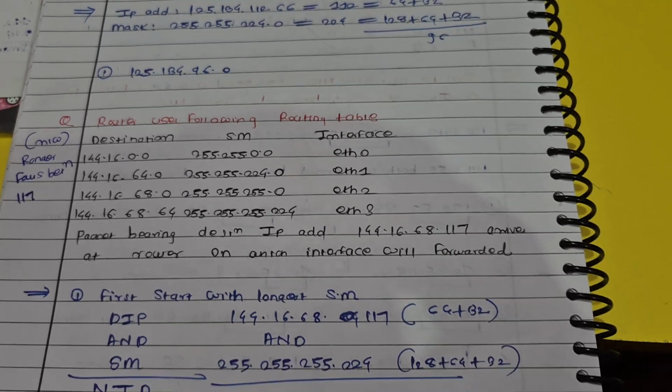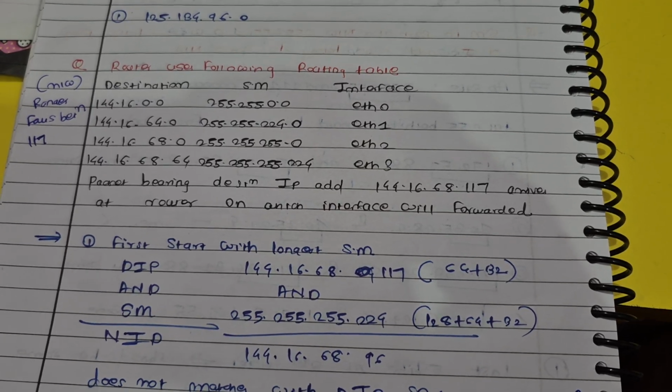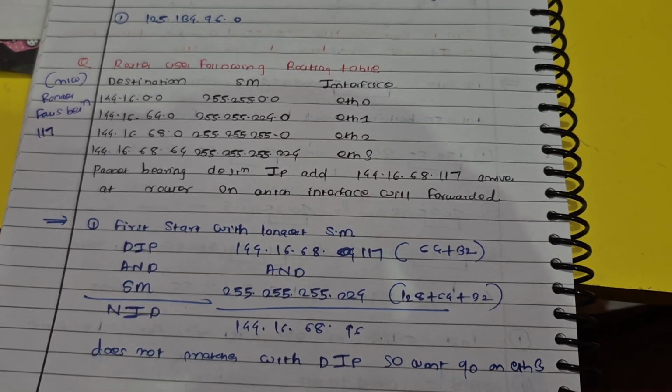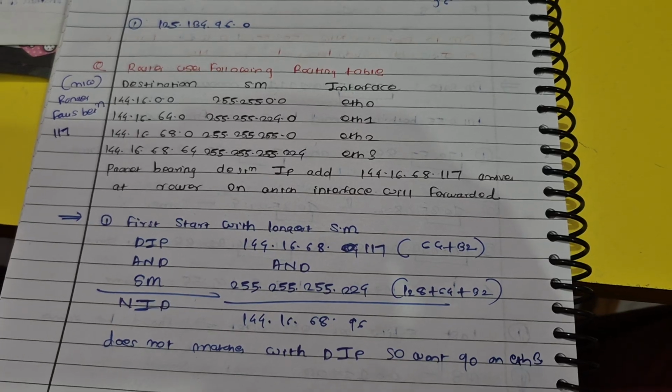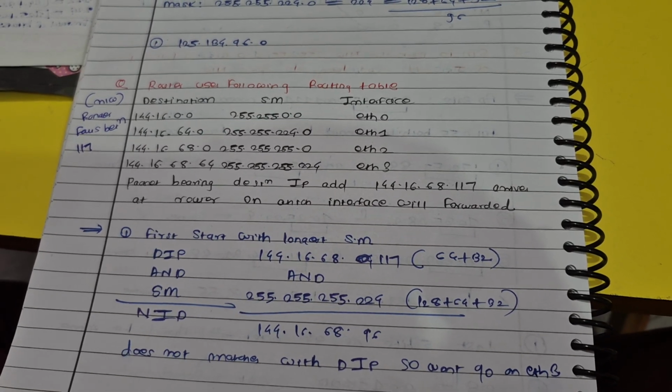So here again we do the same bitwise AND and take the common part, and if it matches the network address of the respective interface, we send the packet using that interface. That is the concept.